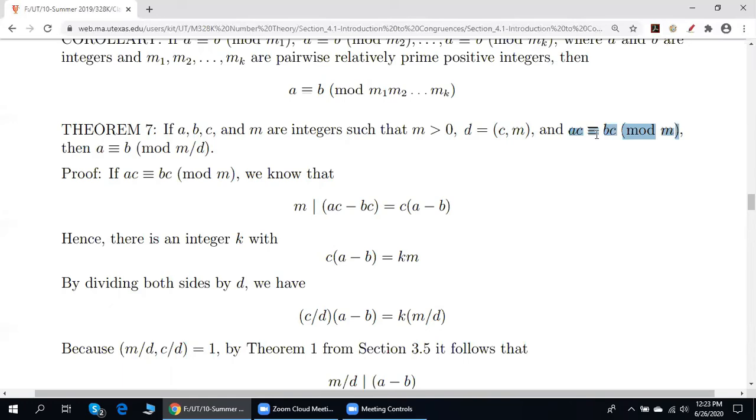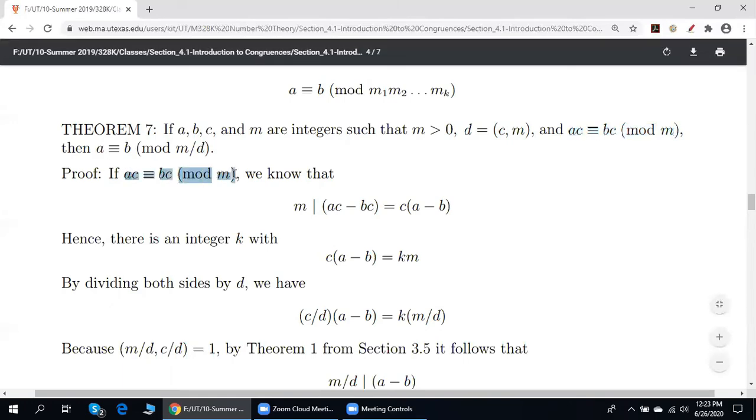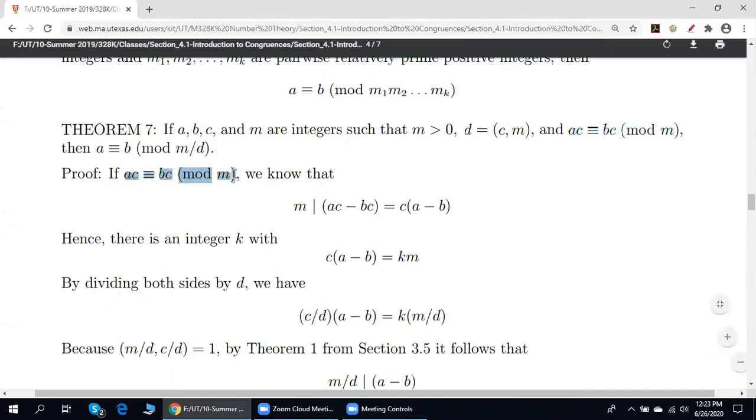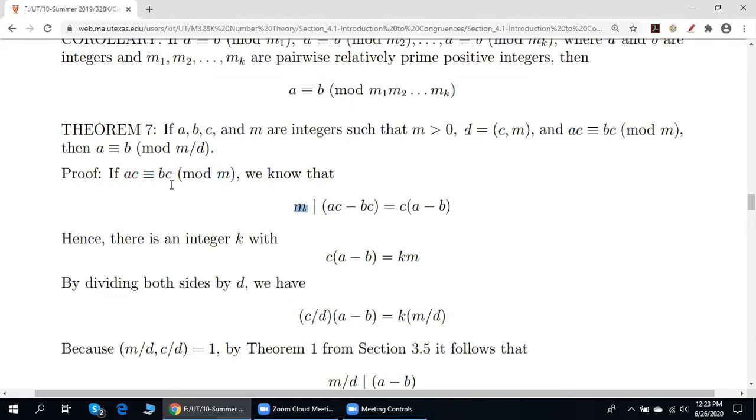We start from this. It's over here. This means the following. M divides AC minus BC. It's exactly what is written here. Factor out C, done. So, M divides C times A minus B, which means C times A minus B is equal to M times some integer K.